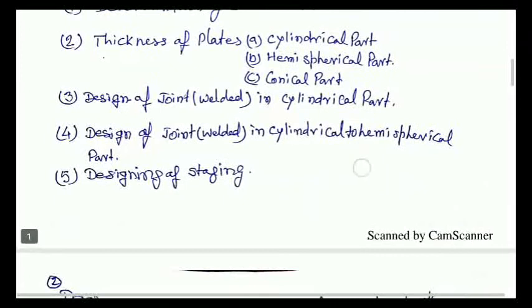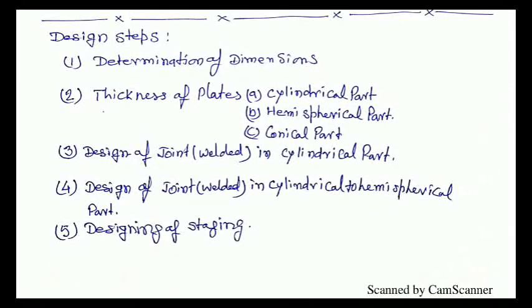Now the design steps. First of all, we have to find out the dimensions of the tank for both types. Second, thickness of plates in different parts of the tank, such as the cylindrical part, hemispherical part, and top conical part.